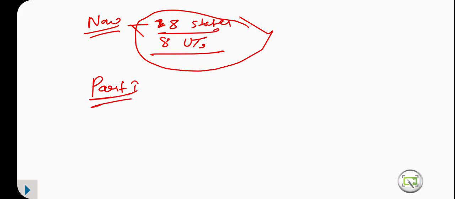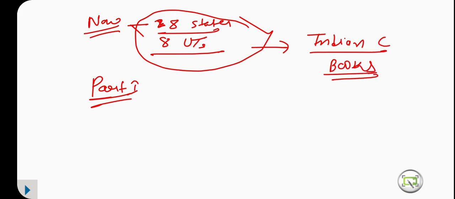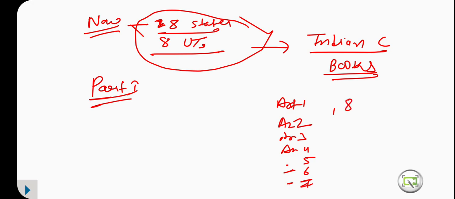Before going through Part 1, remember what I initially told you. I have told you that the Indian constitution is a book where articles are written. So suppose when we open the book, articles will be written in this way: Article 1, Article 2, Article 3, Article 4, 5, 6, 7, 8, 9, 10, 11, or suppose 12.